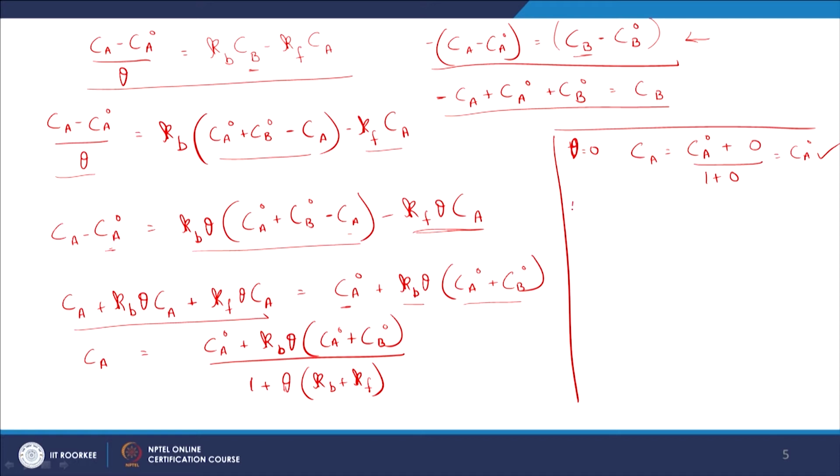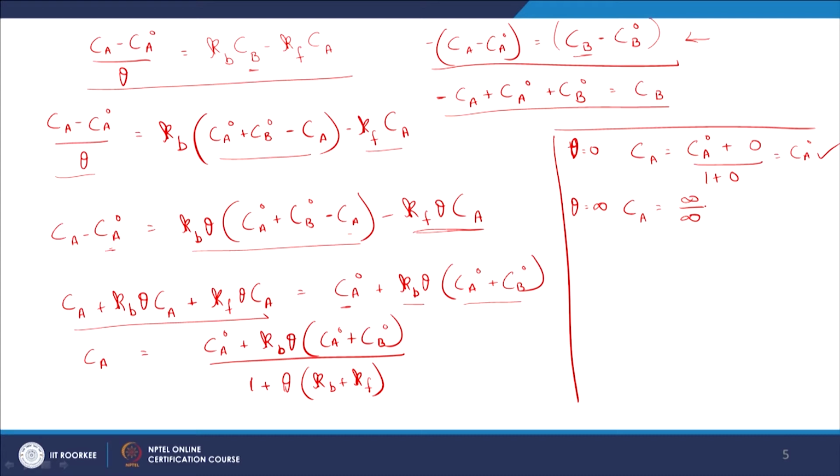And what is the case when theta is equal to infinity? So let us see what happens there. CA is equal to CA naught plus, okay, now we have a unique situation here, we have infinity by infinity. So how do we go about solving this?